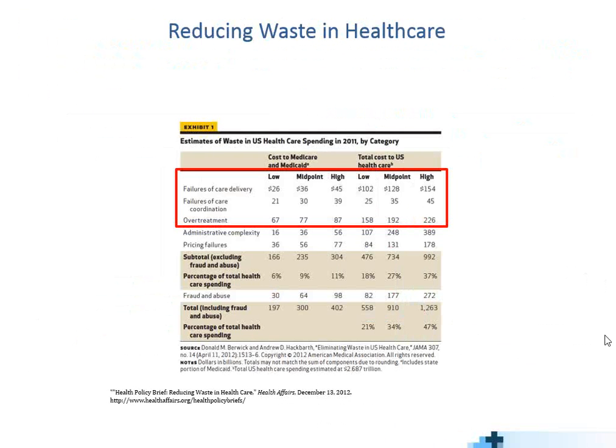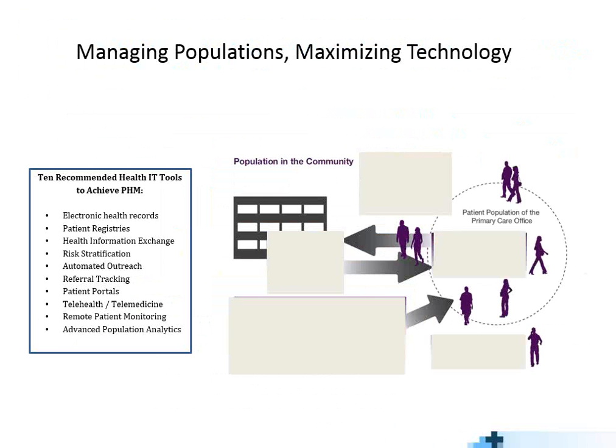And if you look at where the waste in healthcare exists, a lot of it is around care coordination, care delivery, resolving care gaps, and engaging patients, which leads us to today's topic of using population health technologies or strategies within the patient-centered medical neighborhood to ultimately improve quality for patients and reduce costs.